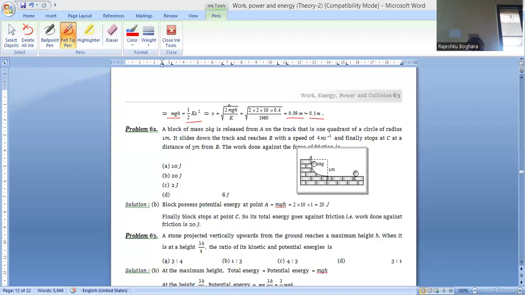Integration constant is C2. Now take t equal to 0, means initially displacement 0. t equal to 0, s equal to 0, means C2 is equal to 0.